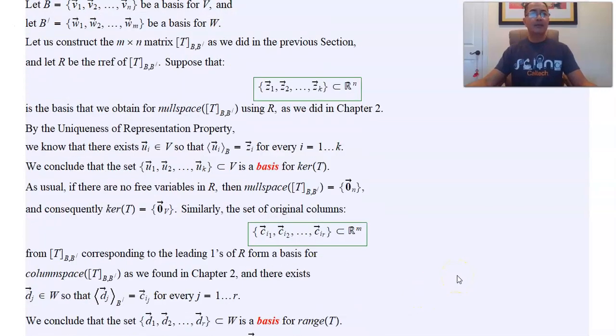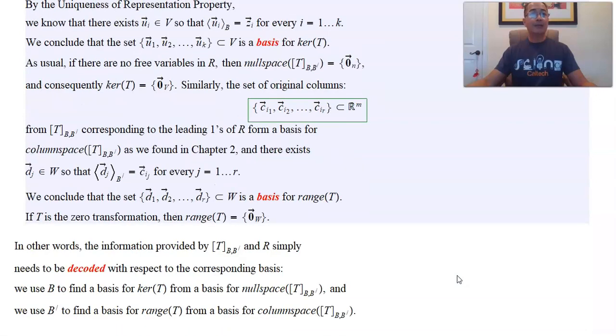Now we also have the minimizing theorem in chapter 3. So look for the columns in the REF that contain a leading 1, and then go back to the original columns of your matrix for T. What you see are coordinates for a corresponding basis consisting of vectors from the codomain.